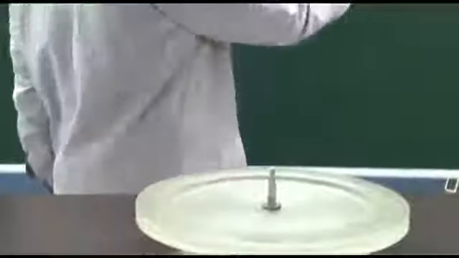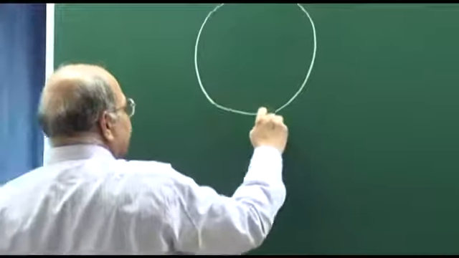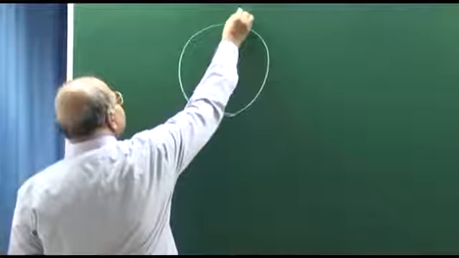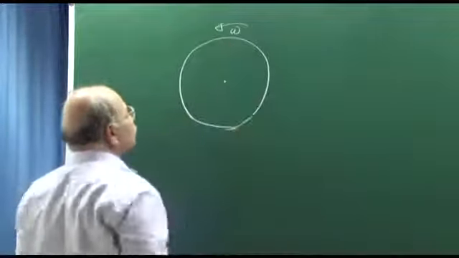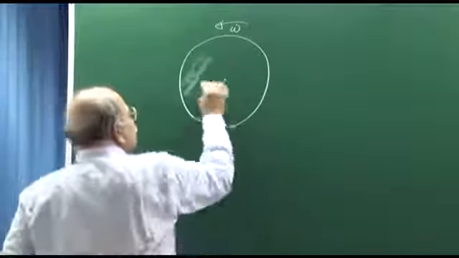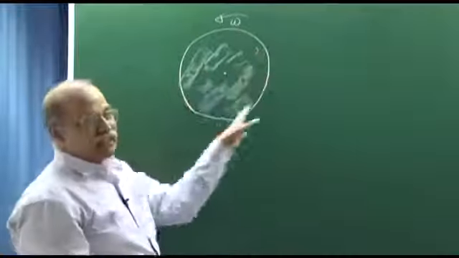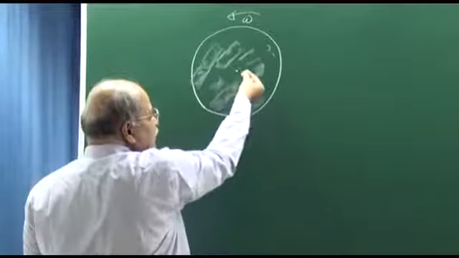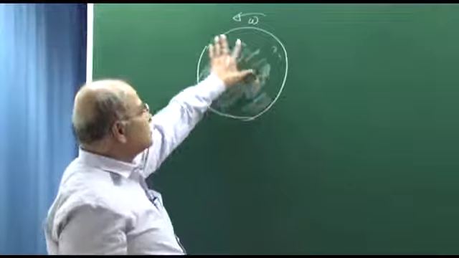So, if I draw the diagram, let us say this is that disc, and here is the axis of rotation of this disc, and it is going with some angular velocity omega. So, this whole disc is rotating in the lab frame. If it is going anti-clockwise, this angular velocity vector is coming towards us perpendicular to this plane.